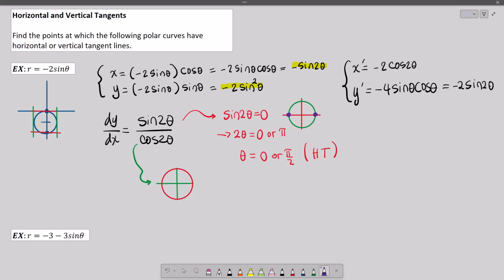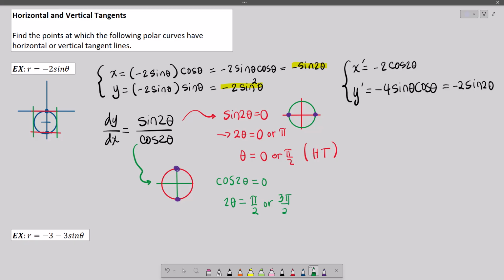If we set it to 0, cosine is 0 at these 2 positions. So that tells us that if we set cosine of 2 theta equal to 0, the angle, which is 2 theta, has to be either pi over 2 or 3 pi over 2.